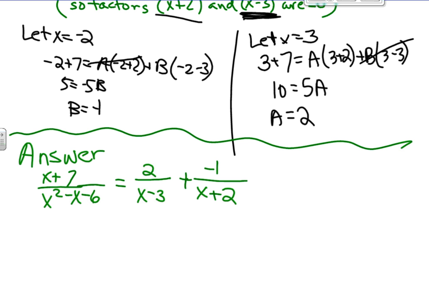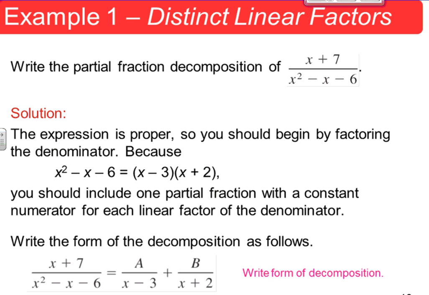So I've separated that into two partial fractions related to my original problem. That's example 1. I think we'll go right to example 2, and I'll maybe come back and look at another one of those maybe Monday at the beginning of class.